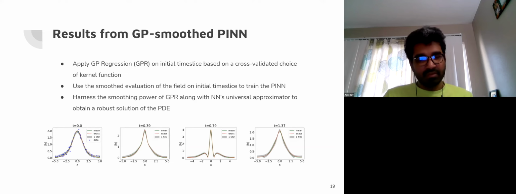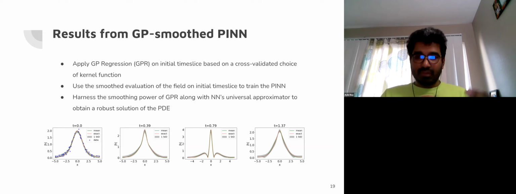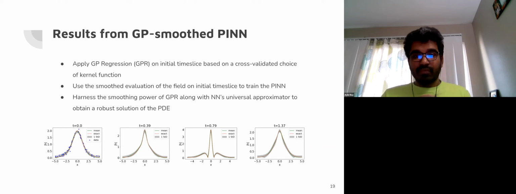And then we apply the Gaussian process regression on the initial time slice data, and eventually we can take the Gaussian process fitted values of these initial time slice field values as the ones that we feed to the neural network and eventually approximate to obtain the solution for the PDE.